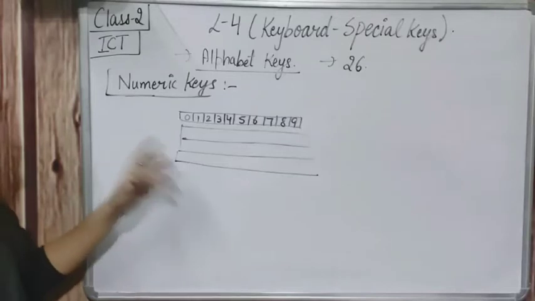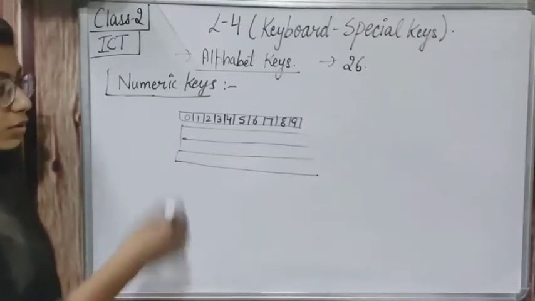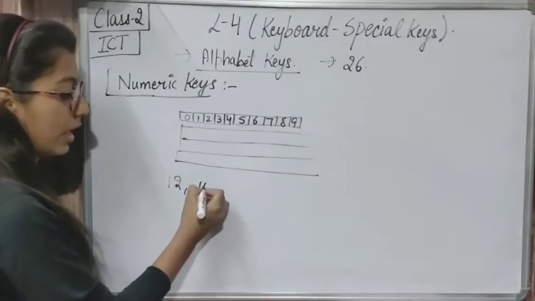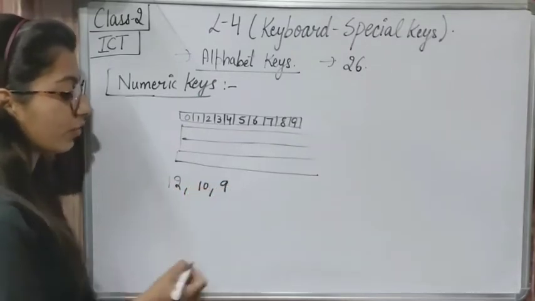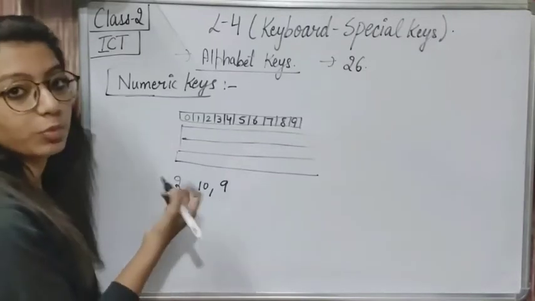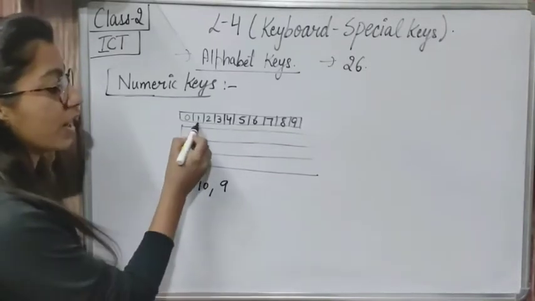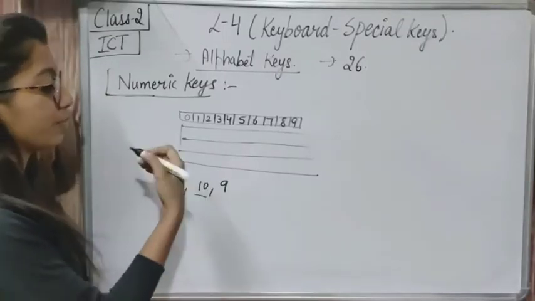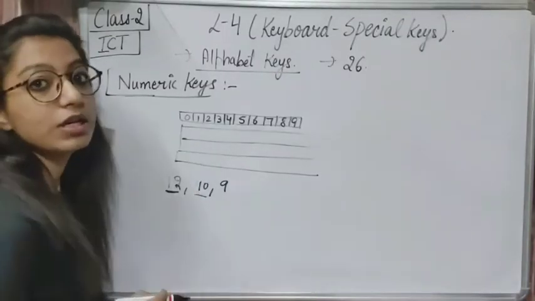So we can type our age, like what is your age? It can be 12, it can be 10, it can be 9. So we can type it by pressing the button. If we want to type 12, we will press 1 and then we will press 2. If we want to type 10, we will press 1 and then we will press 0.